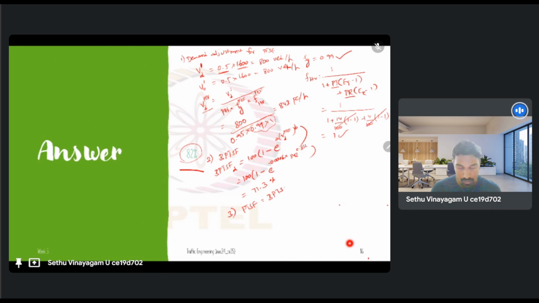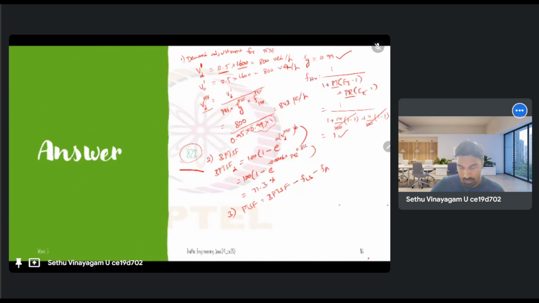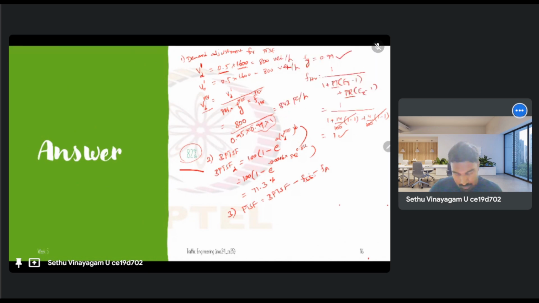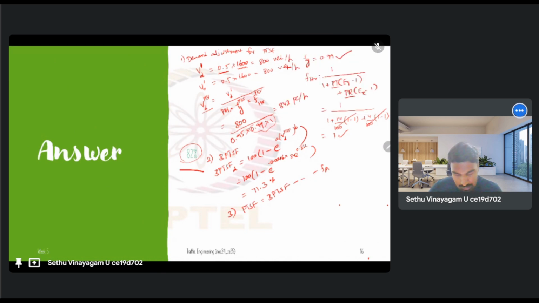So there are two adjustment factors. For PTSF, you have only a single adjustment factor, which is for the no passing zone.